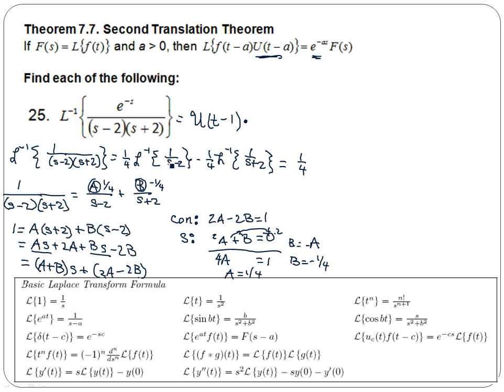On this first inverse Laplace, the inverse Laplace of 1 over s minus 2 is going to give me e to the 2t. On this second inverse Laplace, 1 over s plus 2 is the same transform, but in this case a will be negative 2, s minus a negative 2, or s plus 2. So I'm going to get e to the negative 2t.